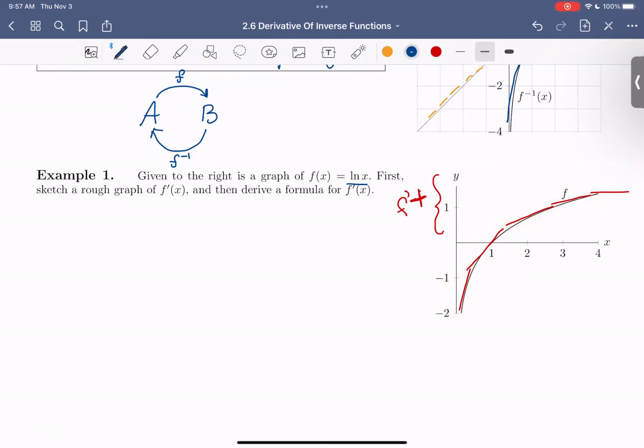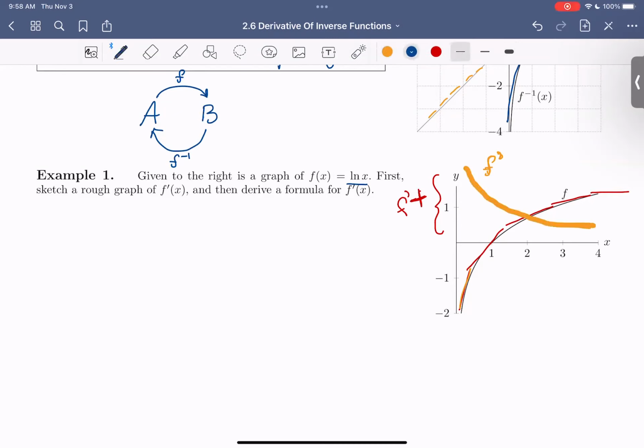So our derivative should start pretty high because we start with a large slope, and then get smaller and smaller and smaller. Maybe even goes close to 0 as we get out here. So using the graph, we see that the derivative f prime should look something like this graph I just sketched here in orange.